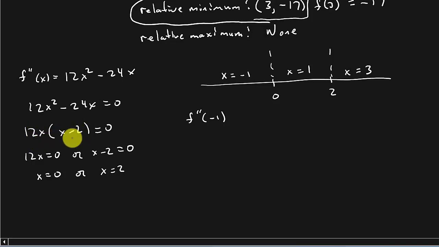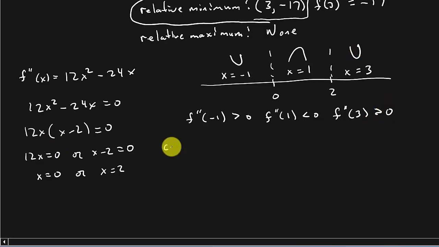Yep, negative and negative. So a negative times a negative is positive, so that's concave up. F double prime of 1, that's a positive times a negative is negative, so that's concave down. And f double prime of 3, positive, positive, so that's positive, that would be concave up.